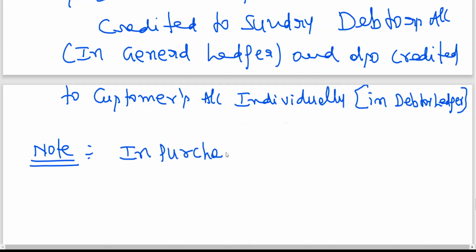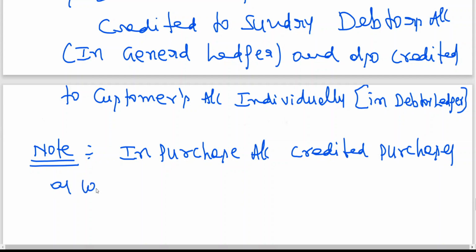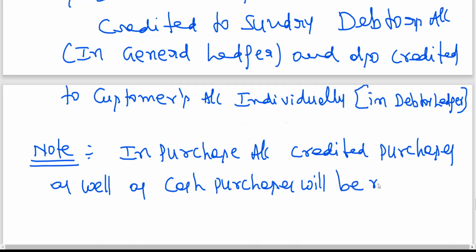In purchase account, credit purchases as well as cash purchases will be recorded.